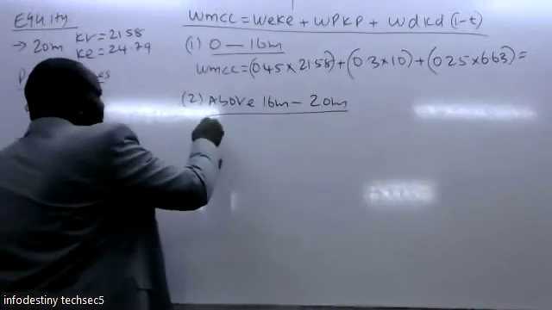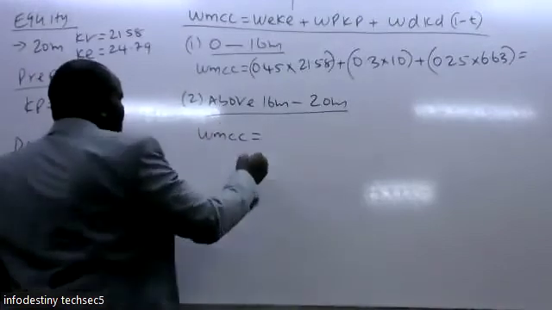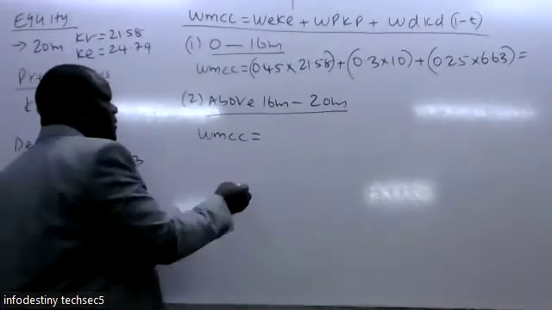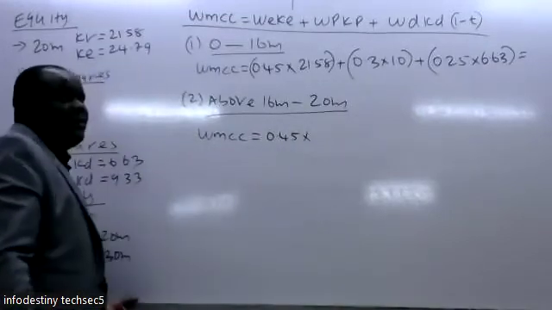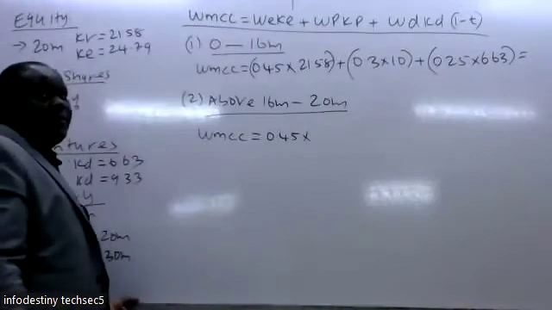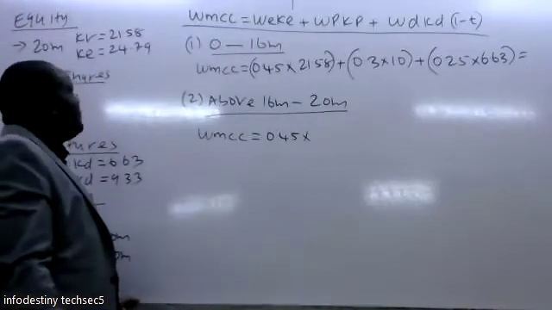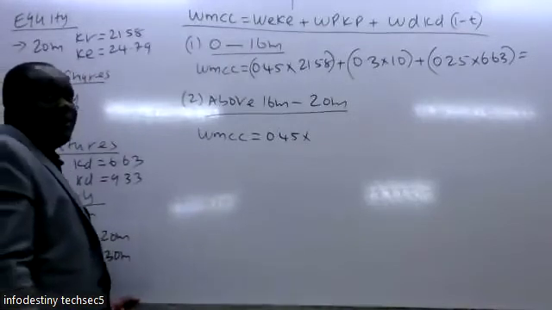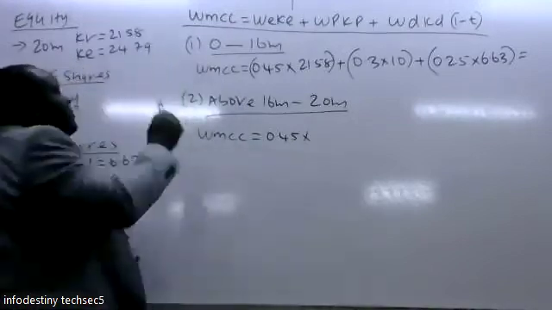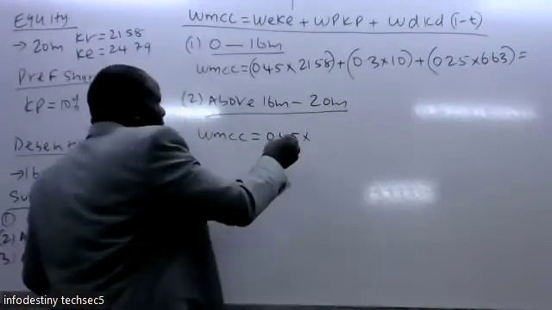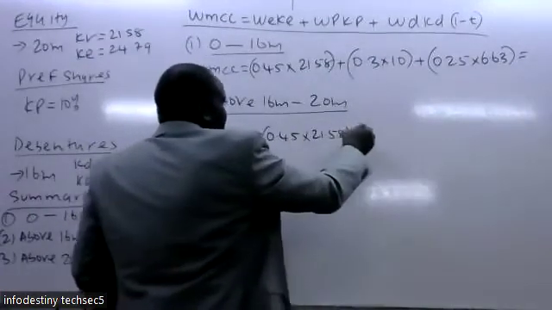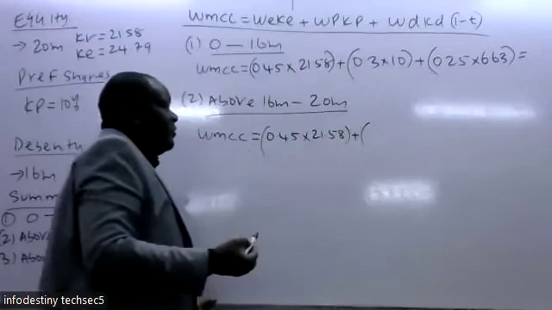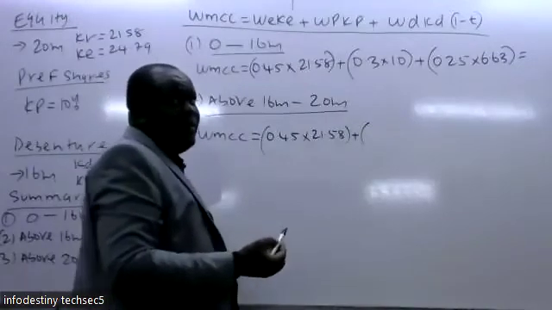So WMCC. So the weight for equity, it is 0.45. So we are still 20 million and below. You see, from 16 to 20, we are still 20 million and below. So we are still using the 21.58. So I said there was no breakpoint for preference share.